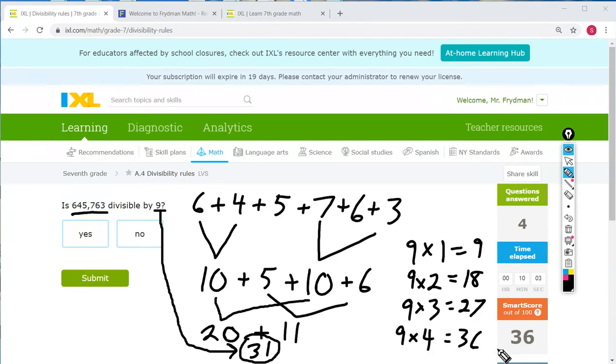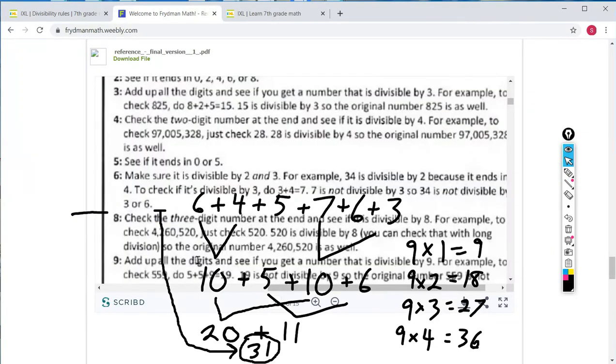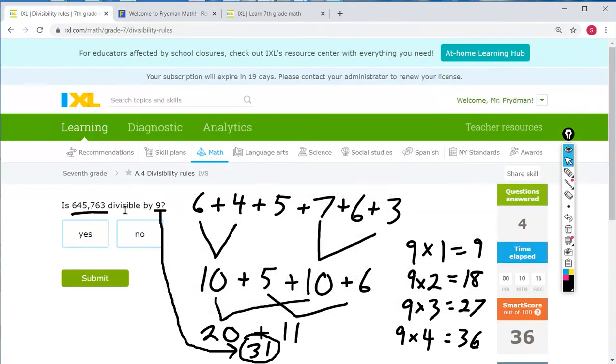So we skipped over 31, right? 9 does not go into 31, and therefore 9 also, according to this rule, does not go into the original number, 645,763.